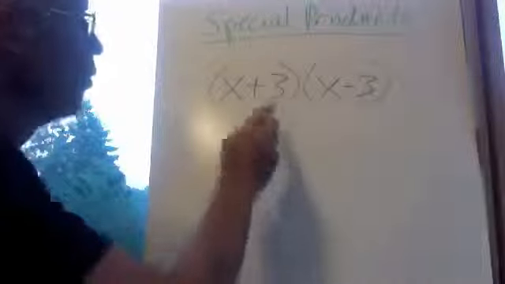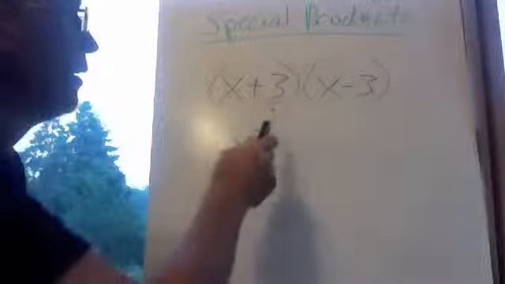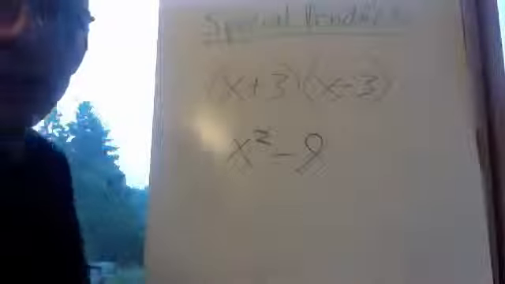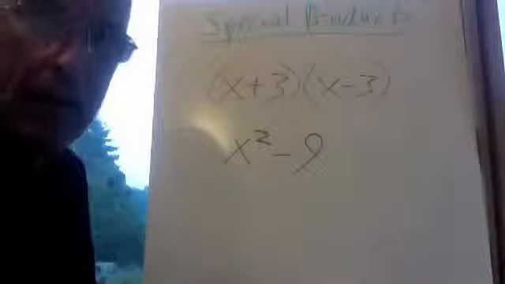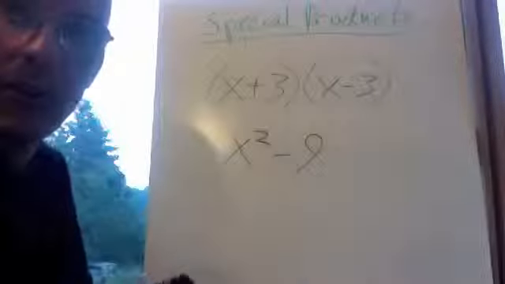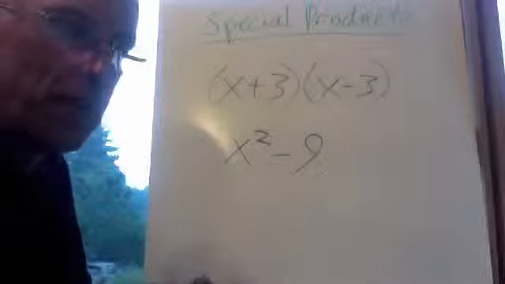Anyway, we're going to square the first one. We're going to multiply the last two together. And then we know that everybody else is going to cancel, okay? I hope I didn't confuse you there.